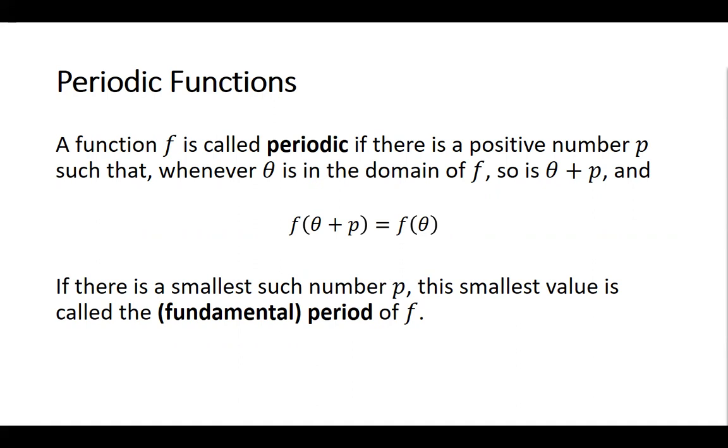So meaning, like I said, 360 degrees for a lot of our trig functions. Well, 720 would also work because if it's in the same spot after 360 degrees that it was at the beginning, then it'll be at that same spot another 360 degrees or at 720 degrees. It'll be there again at 1080. But the fundamental period is that 360, that one full rotation or one full cycle.